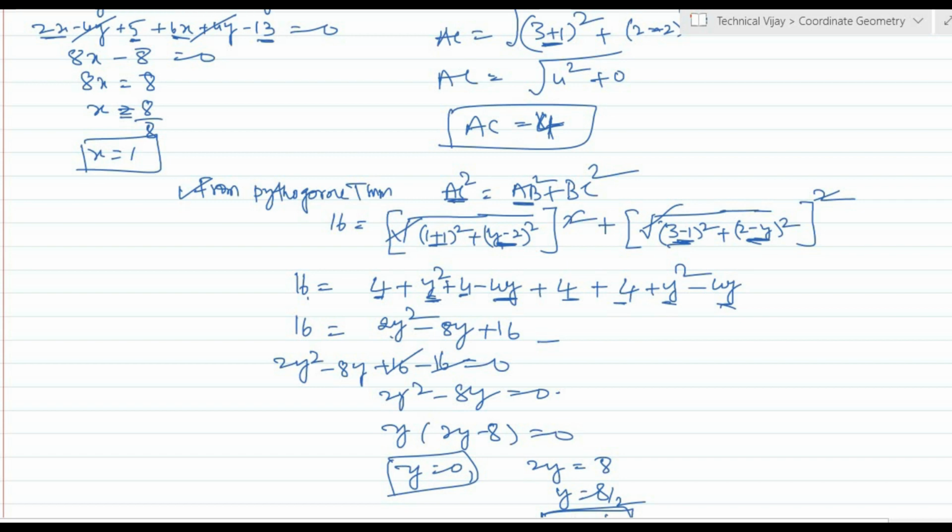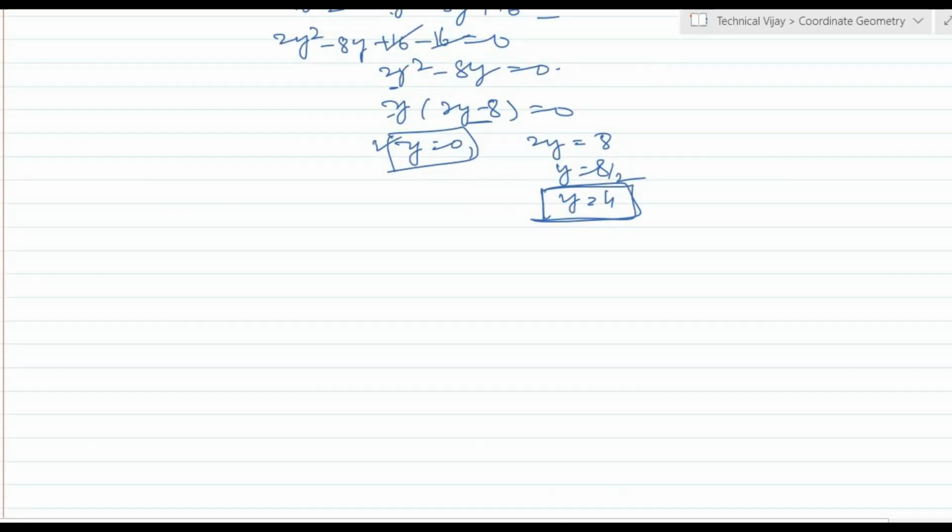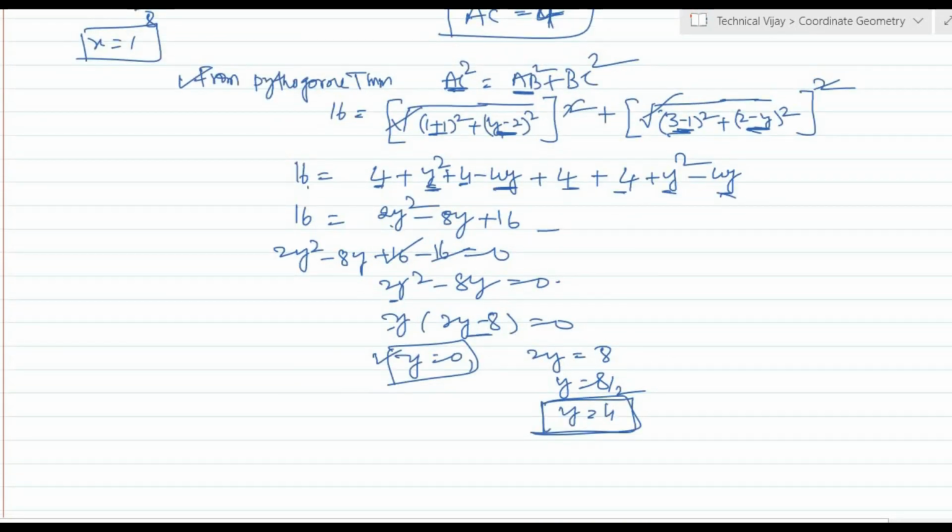Here I have taken y common, so y into (2y minus 8) equal to 0. I have equated both terms to 0, so y is equal to 0, and the other term 2y minus 8 equal to 0, so y is equal to 8 by 2, which is 4. So there are two values: for x equal to 1, y is equal to 0 and y is equal to 4.